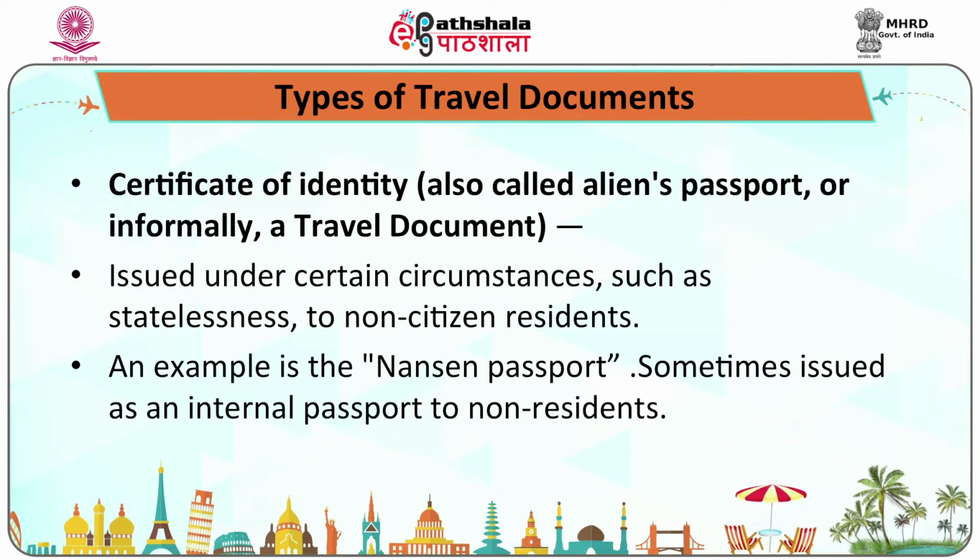Certificate of identity, also called alien's passport or informally a travel document, issued under certain circumstances such as statelessness to non-citizen residents. An example is the Nansen passport, sometimes issued as an internal passport to non-residents.